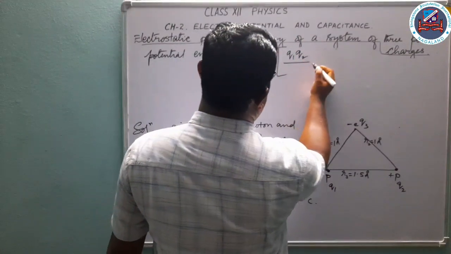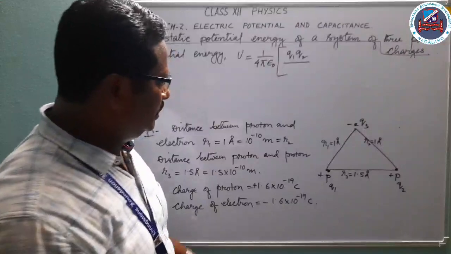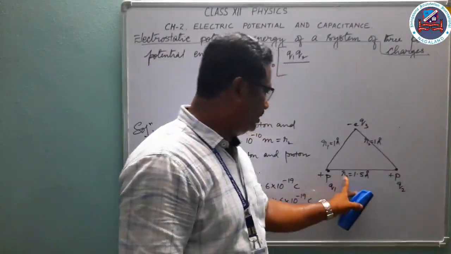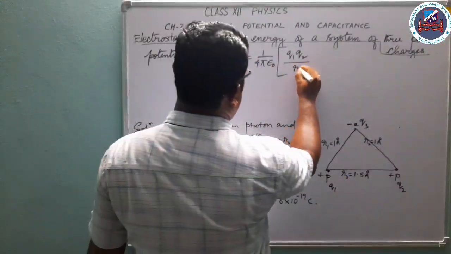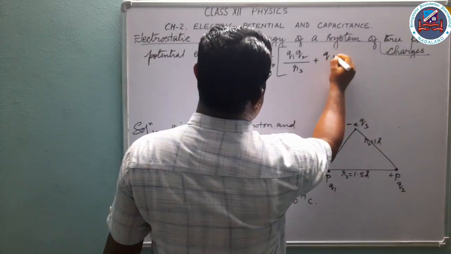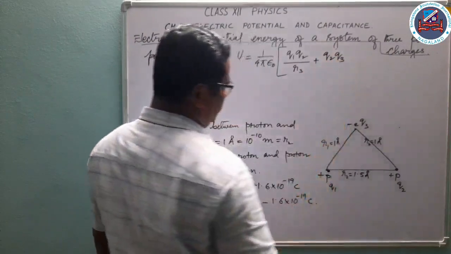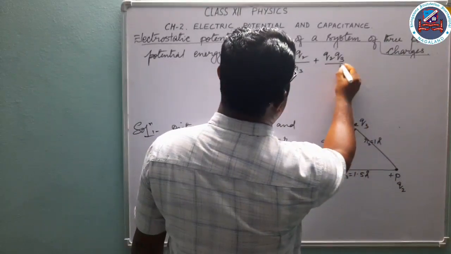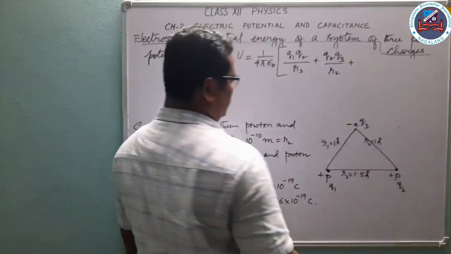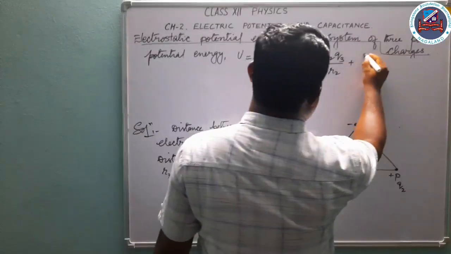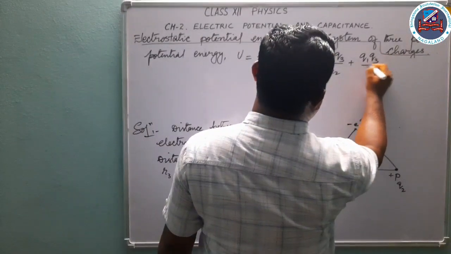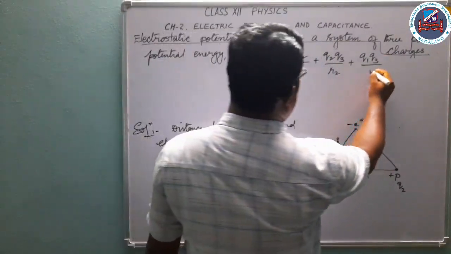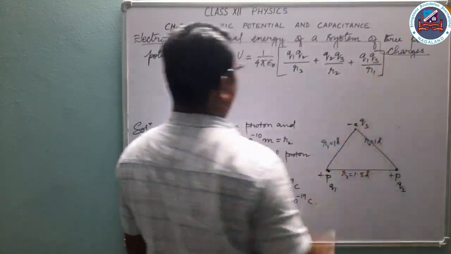Now Q1 and Q2, distance is how much? Between Q1 and Q2 it is R3. So I am writing here R3 plus Q2 and Q3. This is Q2, this is Q3. Distance is R2 plus Q1 and Q3. Q1 and Q3, what is the distance? Then we say R1.